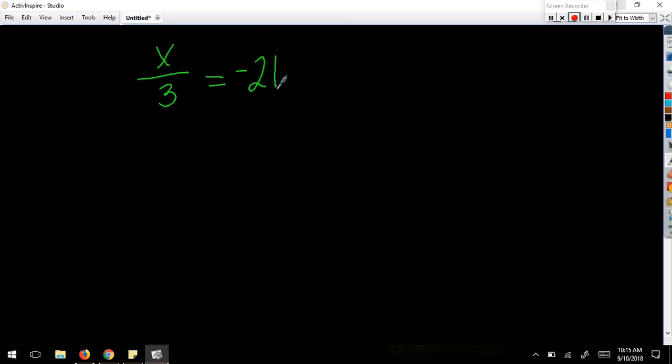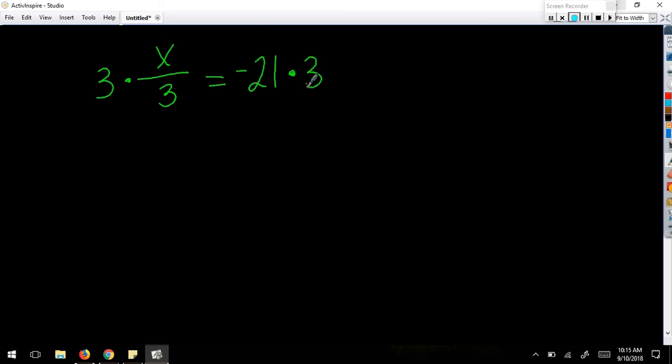It's being divided by 3, so the opposite of dividing by 3 is multiplying by 3. Because that's not hooked to the x. I'm only looking at what's being done to x, because I want x by itself. So I'm going to multiply by 3. Again, it's an equation. If I do it to one side, I got to do it to the other.